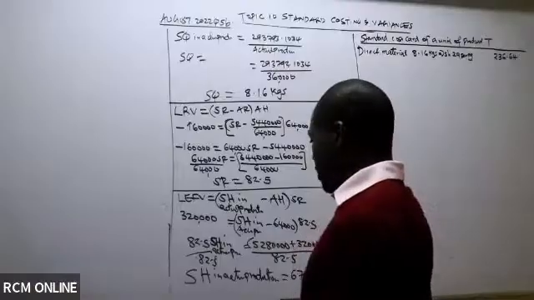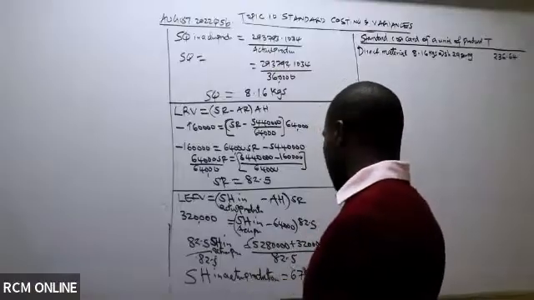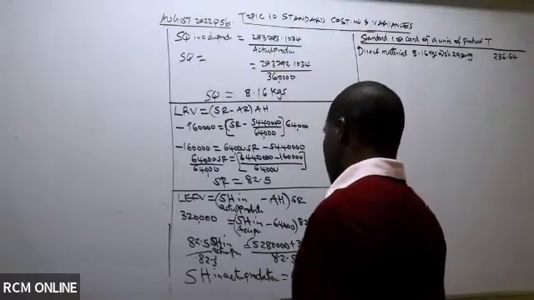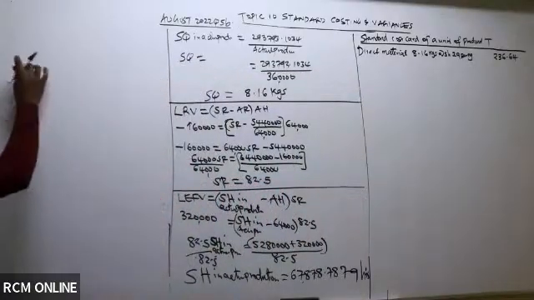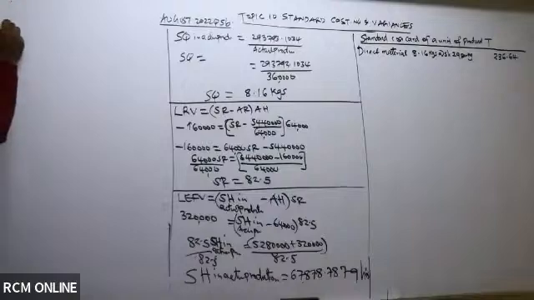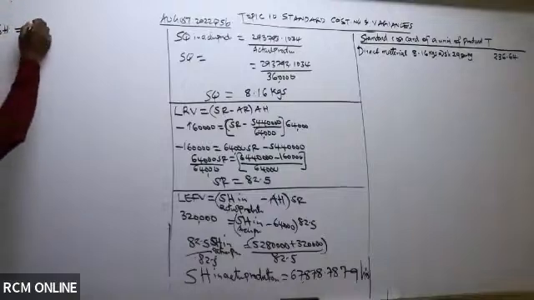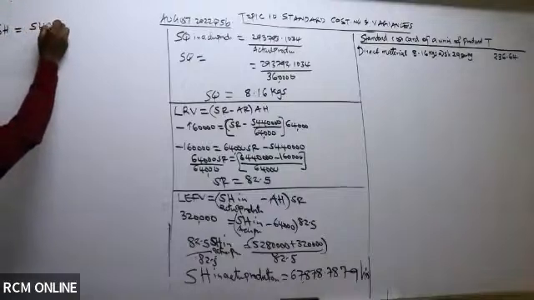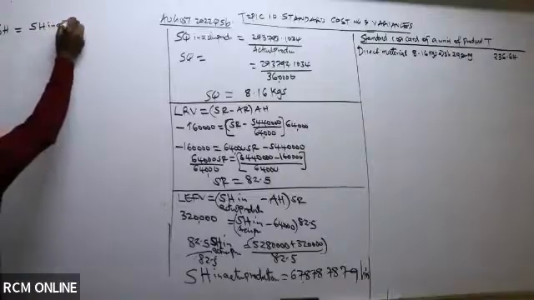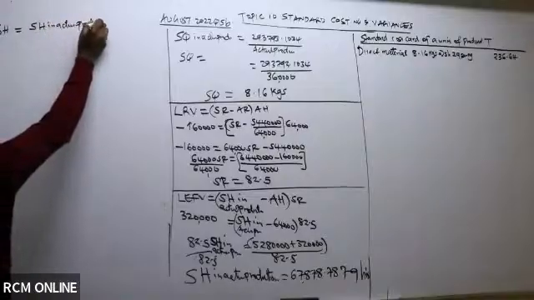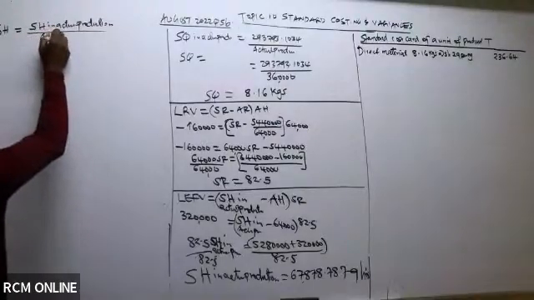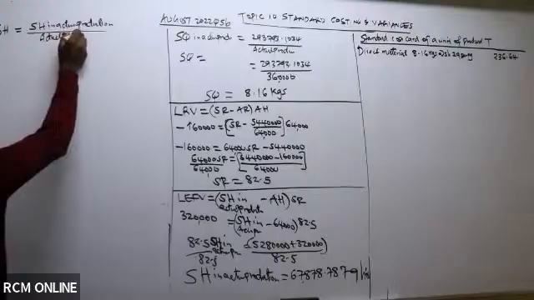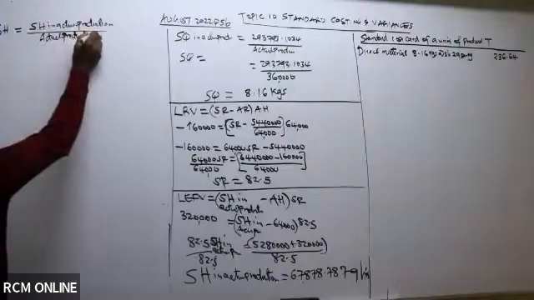79. That is standard hours in actual production. So you want to get standard hours per unit. So standard hours is equal to standard hours in actual production divided by actual production. Right?